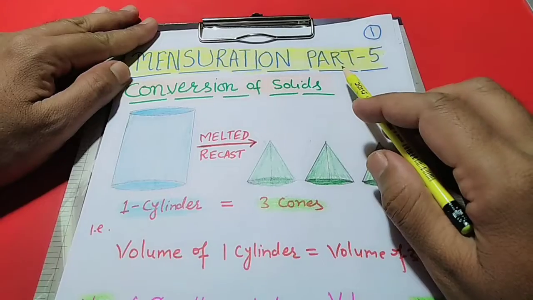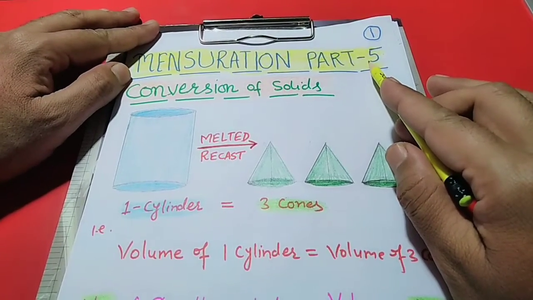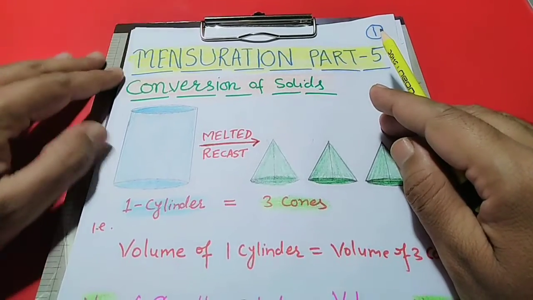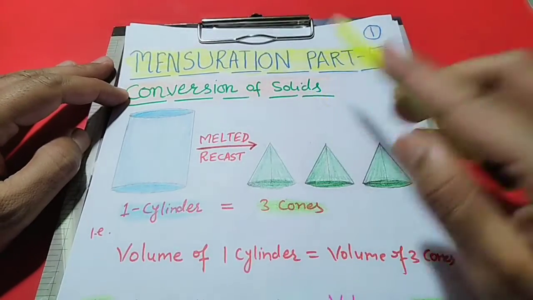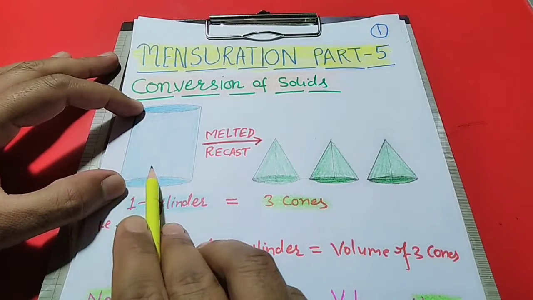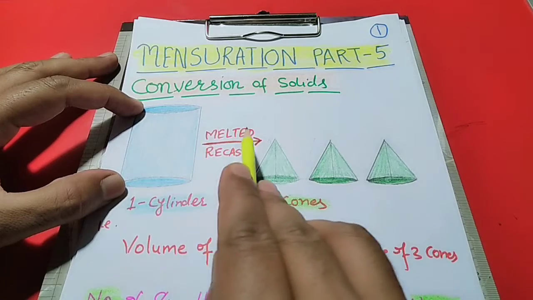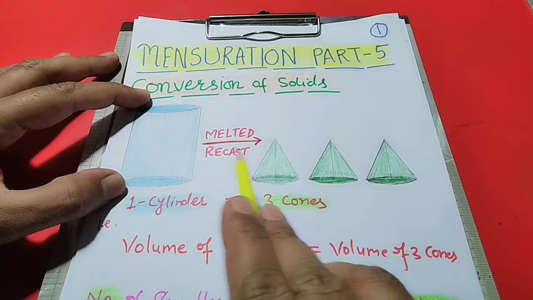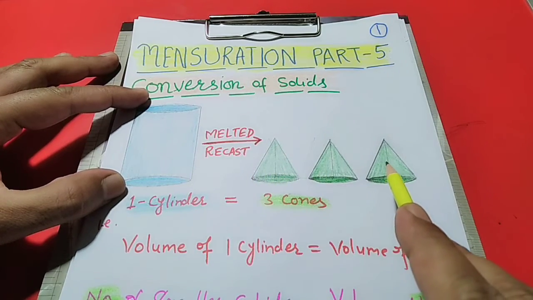Today I am with the topic mensuration part 5. So in this part of the mensuration we are going to discuss the conversion of solids. For example, suppose I have a cylinder and I have melted it first, then recast this cylinder into three equal cones.